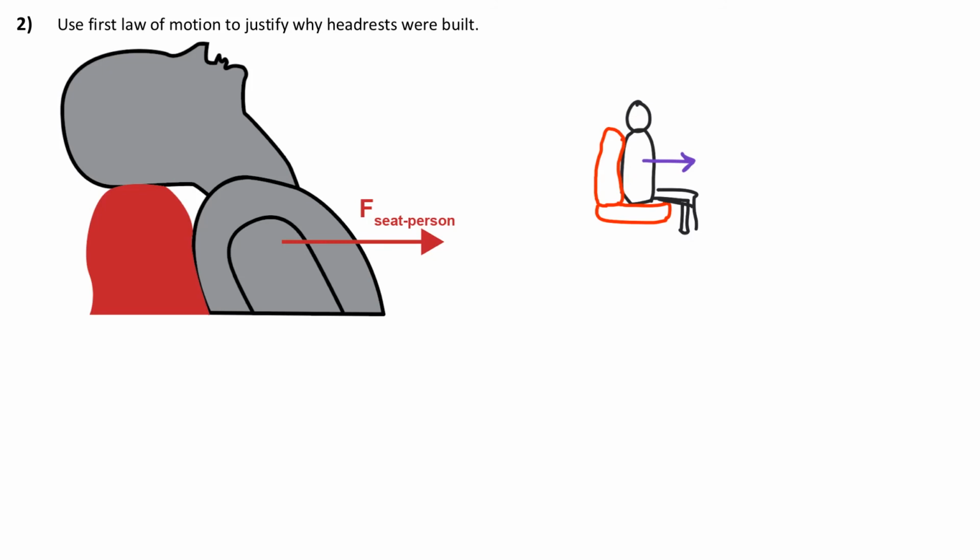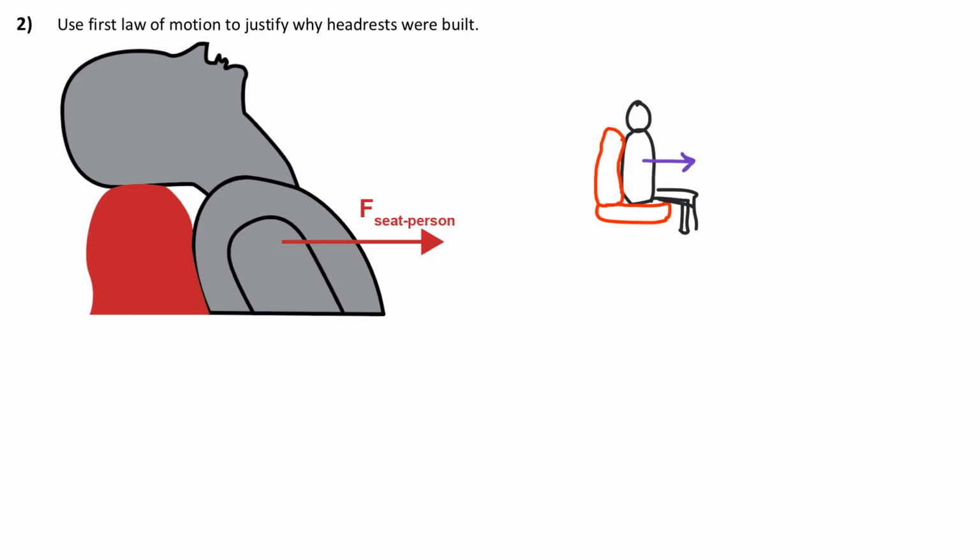And based on the first law of motion, if there's a net external force acting on your body, then it's going to be accelerating. But if there's no net external force acting on your head here, then it's not going to be accelerating.